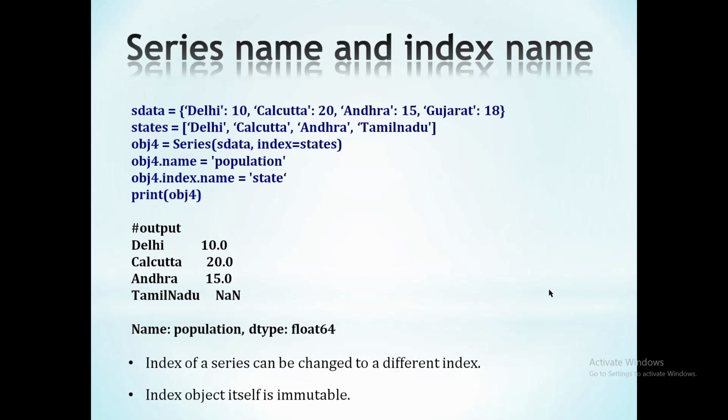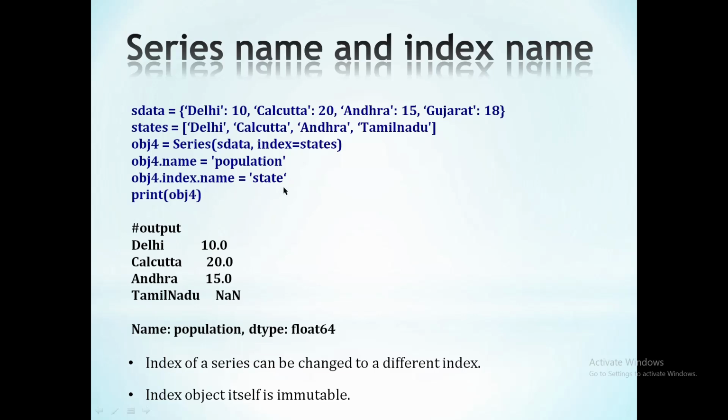Here I am creating a series and giving the name population to the series. Then population dot name is equal to object 4 dot name equal to population, and object 4 dot index dot name equal to states.